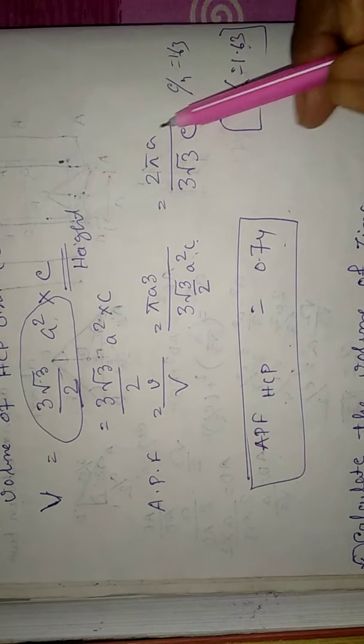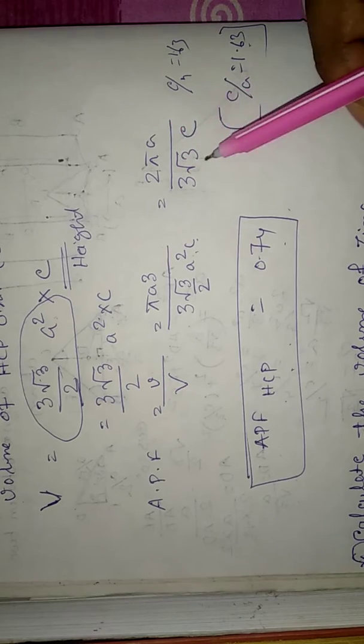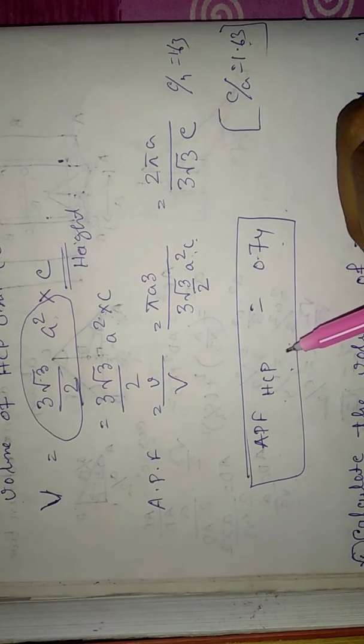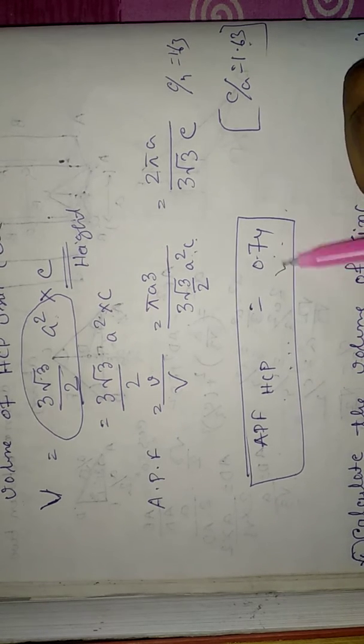If you put this value in, after calculation you get the atomic packing factor for the HCP structure as 0.74.